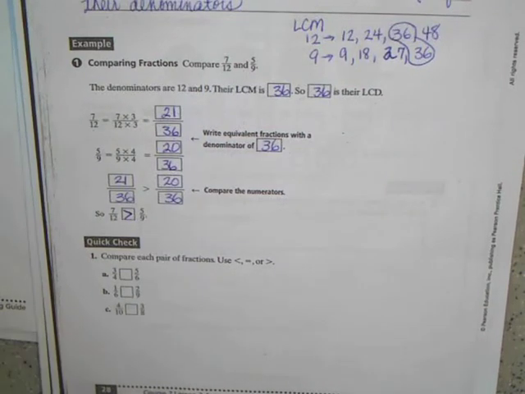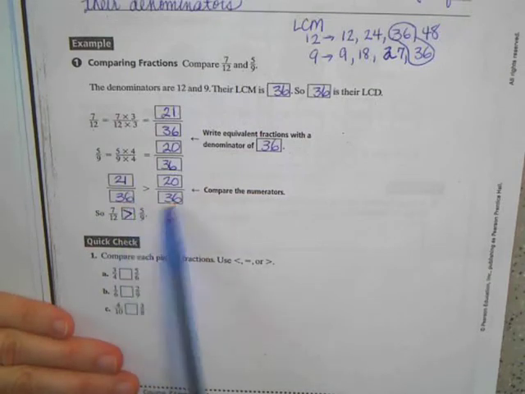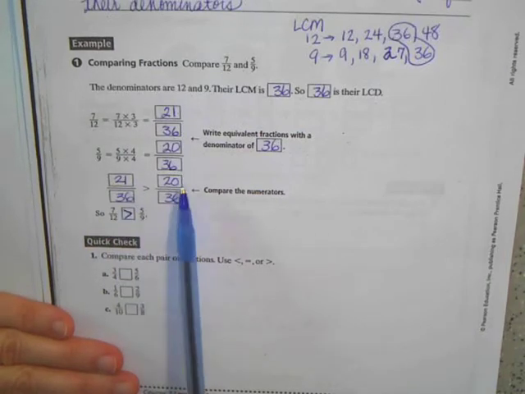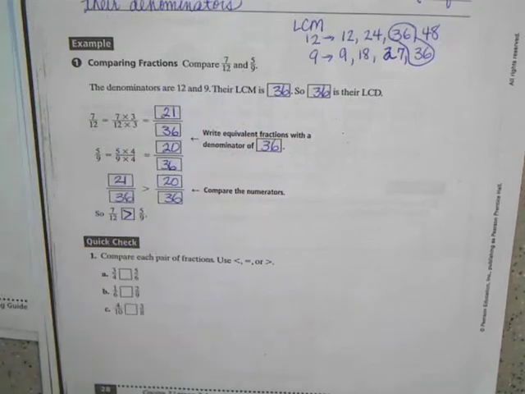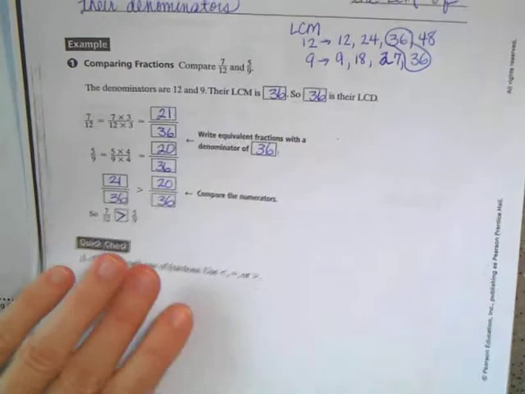Again, we do the common denominator, and then we compare numerators, because if each of these was cut into 36 pieces, we would have 21 pieces here, yet only 20 here. So 7/12 is greater than 5/9. Here's a few for you to try for yourself now or later as you choose, and I will move on to example number 2.